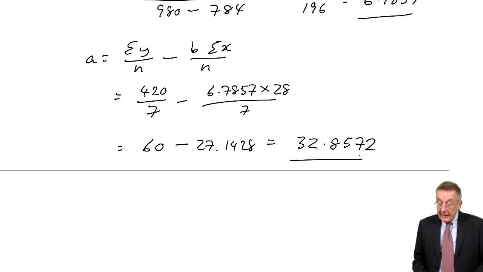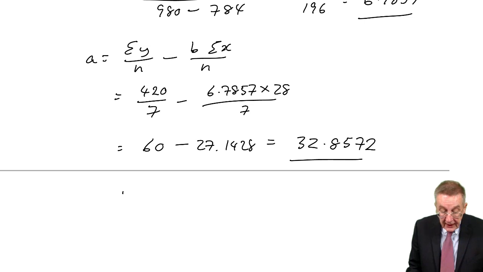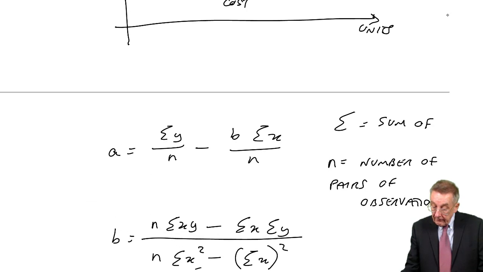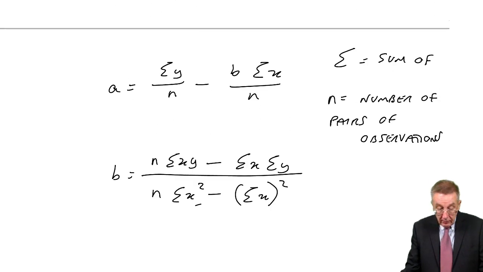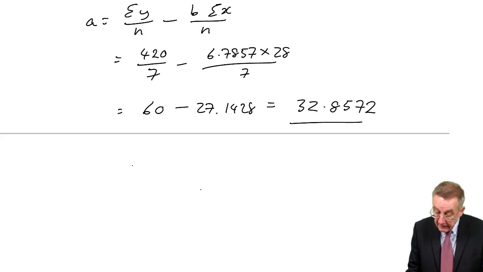Well, now we've got it. The equation, remember, if you look back to the start, we're looking for an equation where's it gone? Oh, it was on the notes, I'm sorry. Y equals A plus BX.